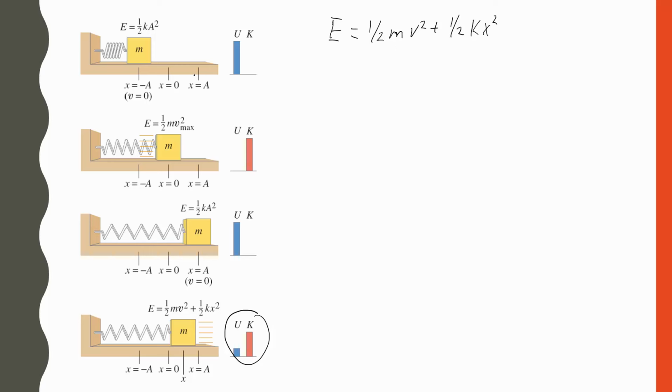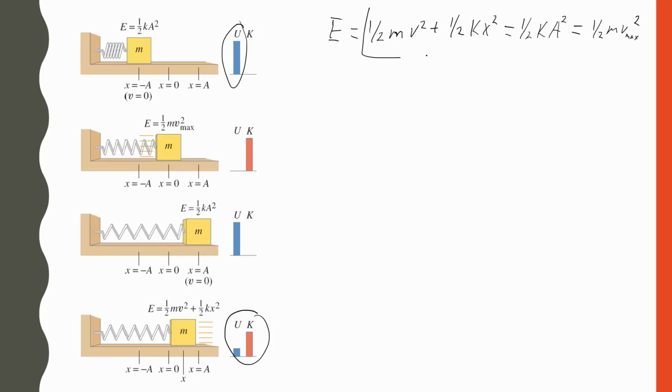But if we know the amplitude and we know the spring constant, then when we are all elastic here, we know that this total energy is equal to 1/2 ka squared, because our displacement is equal to the amplitude. Also, if we know its maximum speed as it's going through the middle, that is going to be the total energy at that point. So we can have 1/2 m v max squared. So a few different ways at getting at the total energy.